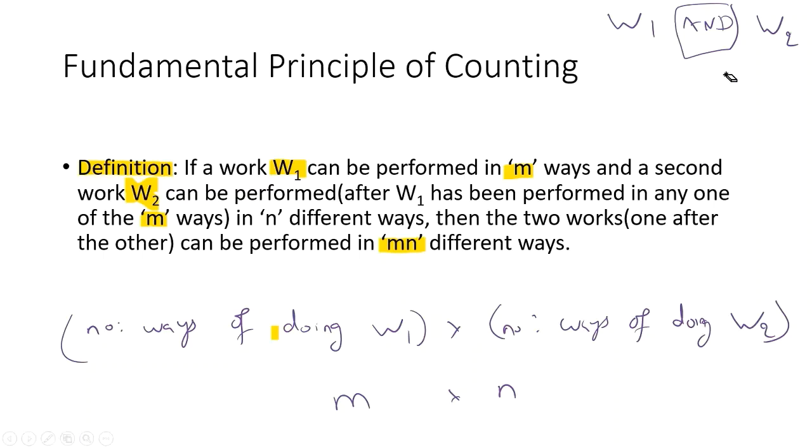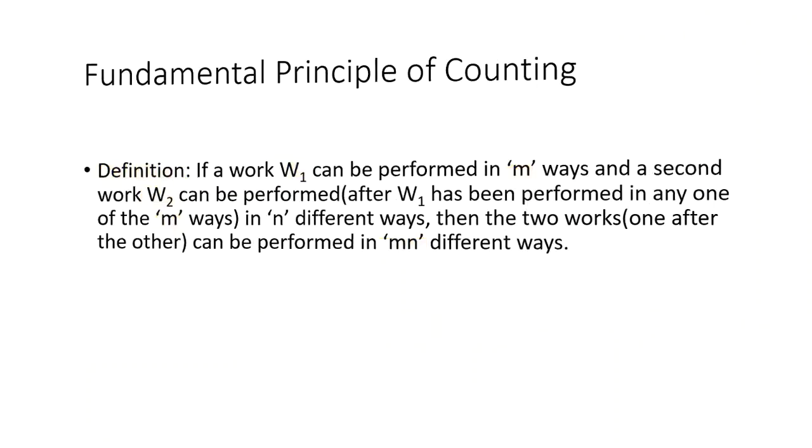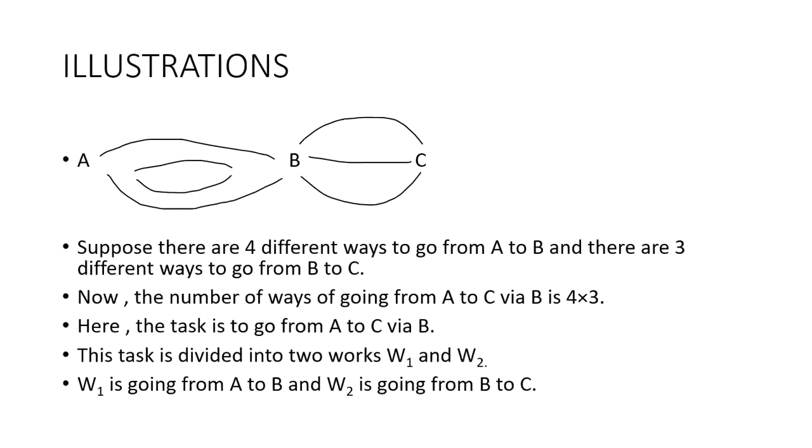We can understand this using an example. Suppose there are 4 different ways to go from A to B, and there are 3 different ways to go from B to C. Now the task is to go from A to C via B. So this task can be decomposed into 2 works, W1 and W2.